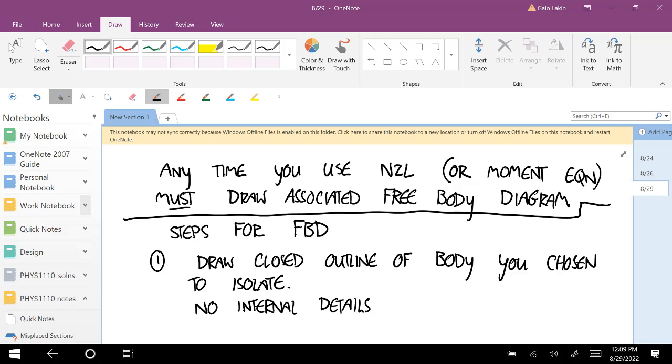That's why we start by just drawing this outline. It's closed. There's no ambiguity about what's included and what's excluded. There are no internal details. We don't care about that. We only care about the boundary between what's in and what's out. No internal details and no external objects.